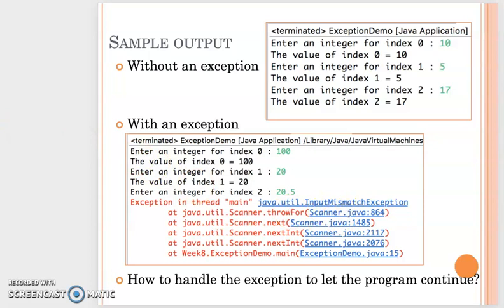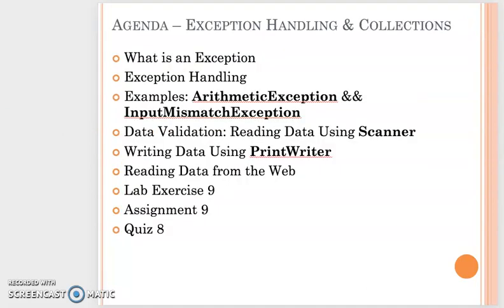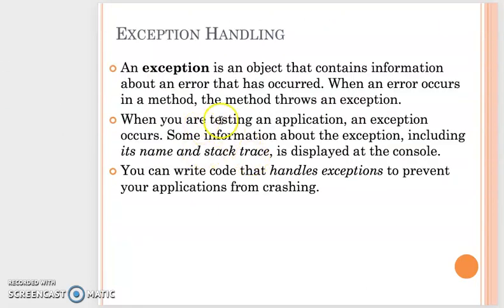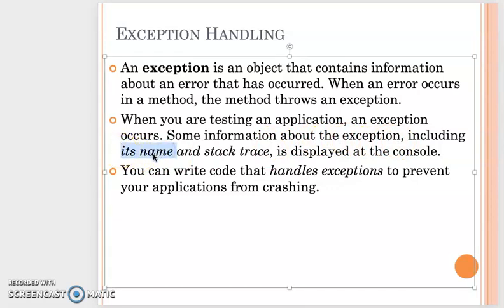Do you remember in the beginning we told you, if an exception is thrown, there is some information about this exception, including the name? Here we show you the name, which is the input mismatch. Then the stack trace is the information we show you one by one.